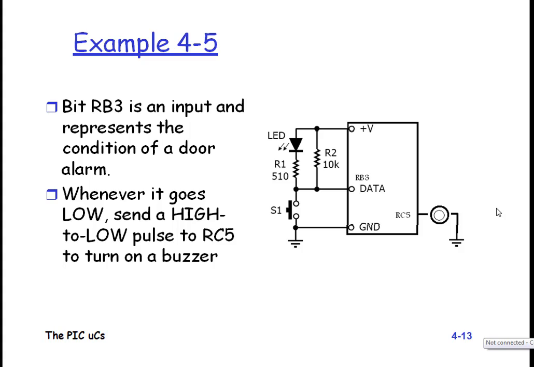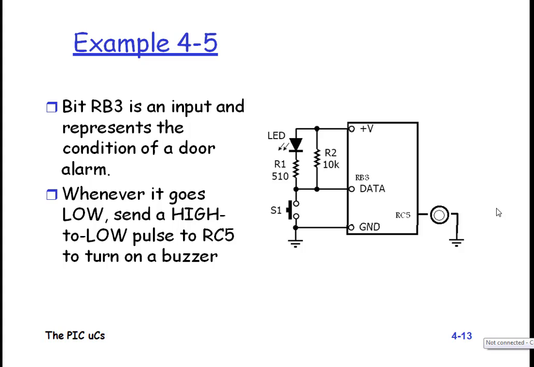Example 4.5: in this example there is an electronic circuit of LED blinking, I think using a 555 timer, or a simple circuit in which the LED blinks by using a push button S1. R1 is only used as a current limiting resistor, and R2 is also used as a bypass resistor. The example says that bit RB3 is an input and represents the condition of a door alarm.